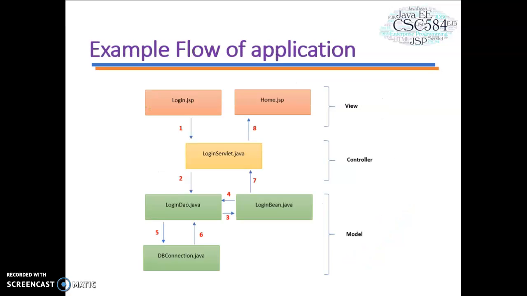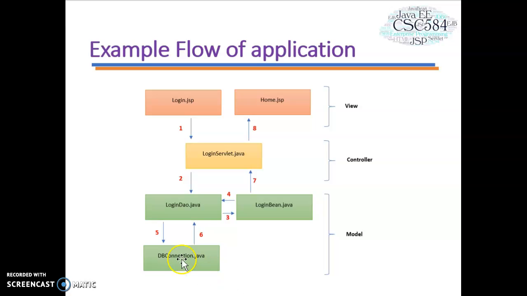So next, let's look at the flow of the application for the structure of MVC that we have strategized just now. So in this login logout function for the asset module, we start with the login.jsp. After the user inserts the username and password, we will submit the form to the login servlet.java. Login servlet will validate the user input through the login DAO and login bean before checking the data in the database using the DB connection.